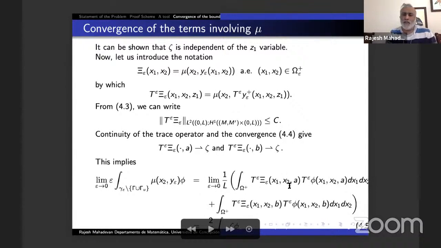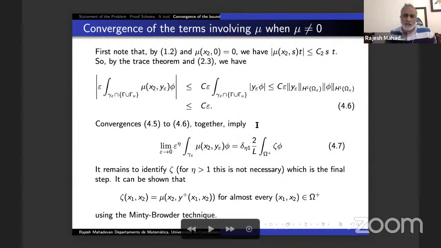As I said, you have weak convergence in this space, and since you have an H1 dependence in the x2 variable, you can have a continuous trace, and so the traces converge to the same function, because this function doesn't really depend on x1. So you obtain the limit for this surface term.